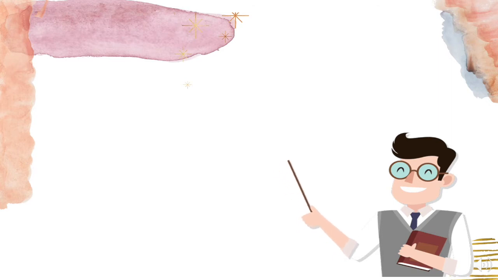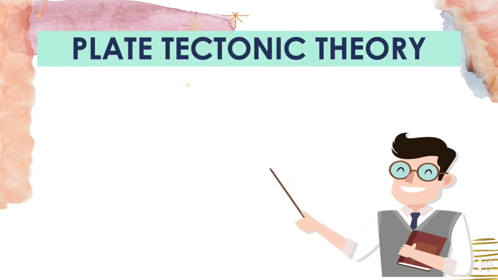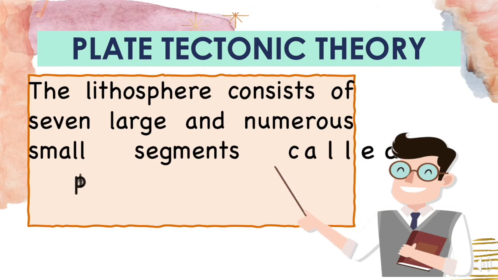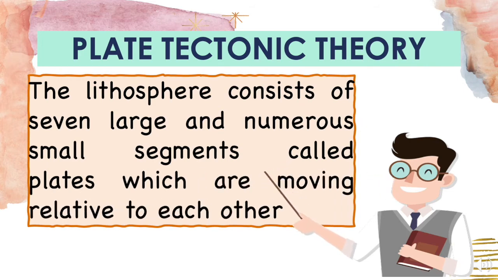These have led to the development of the plate tectonic theory, which proposes that the lithosphere consists of seven large and numerous smaller segments called plates which are moving relative to each other. This theory states that the constant motion of the plates is driven by convection currents in the mantle. Plates move slowly in different directions, and these movements cause different geologic events, like earthquakes, volcanic eruptions, birth of a new volcano, and many others.